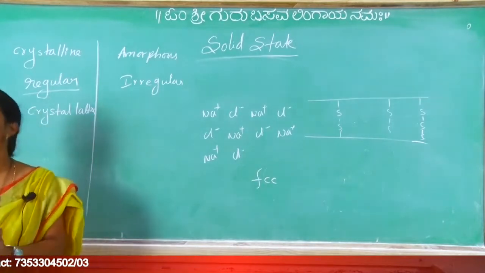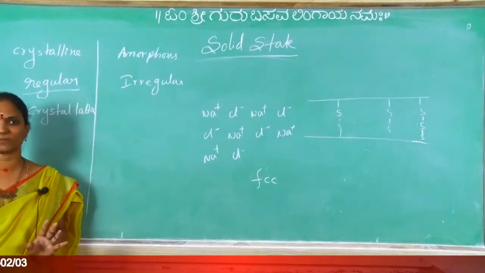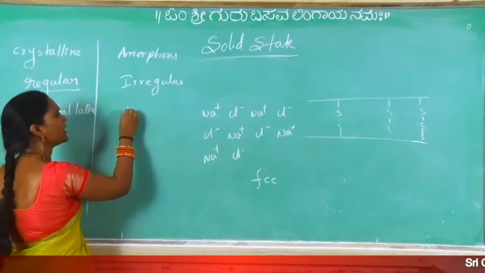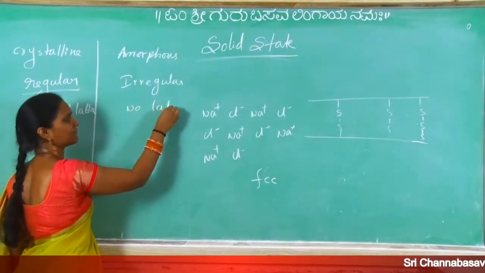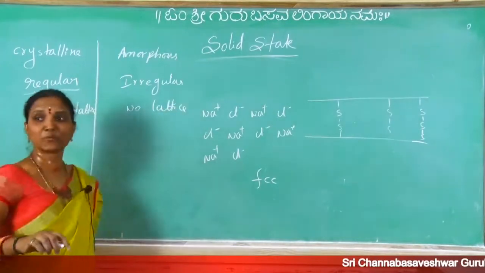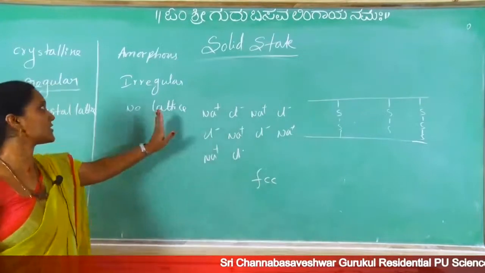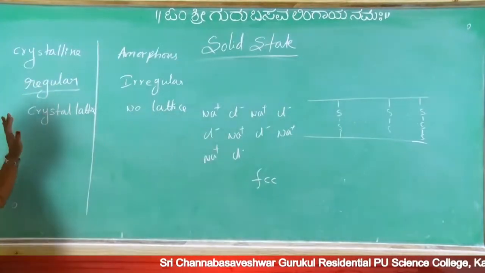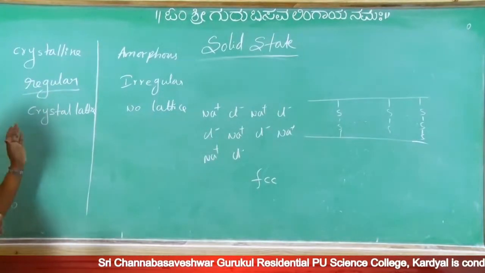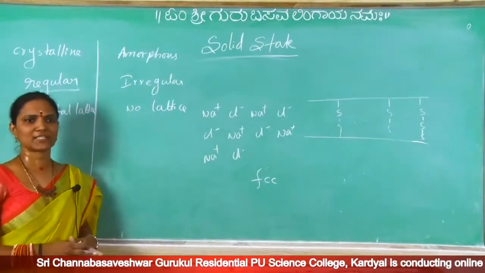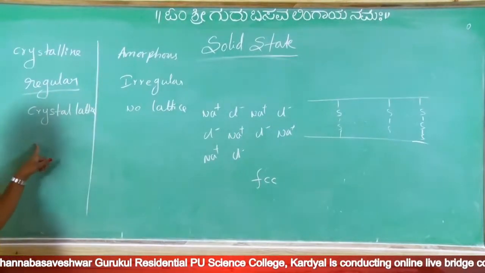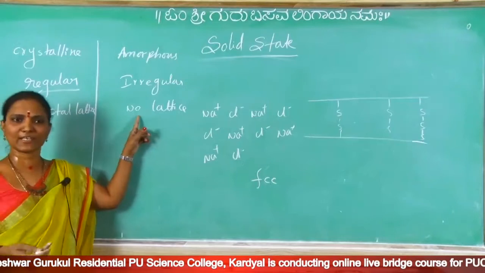Crystal lattice is nothing but structure. Here no definite crystal lattice. Because of regular arrangement we are getting exact structure, that is called crystal lattice. No crystal lattice in amorphous. So crystalline solids have a definite crystal lattice; in amorphous there is no definite crystal lattice, because here regular arrangement is there, here irregular arrangement.